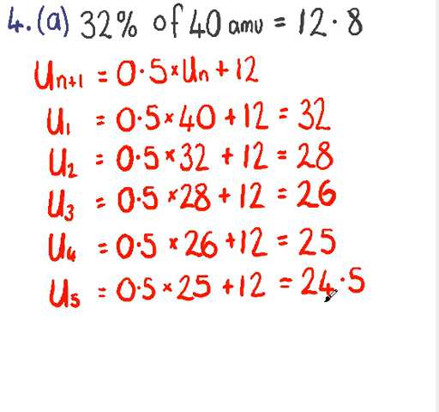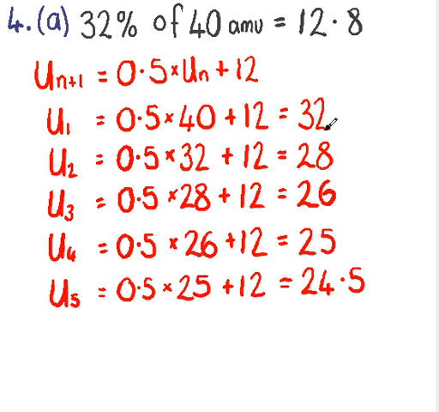And that leaves us with a problem because we're looking for a point where it falls below 12.8. So the answer isn't that it doesn't fall below 12.8. What we have to do is think carefully about the situation. Our initial mass was 40 atomic mass units. After the first 2-hour period, it had fallen from 40 to 32.